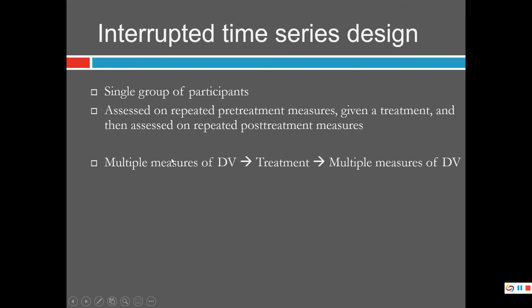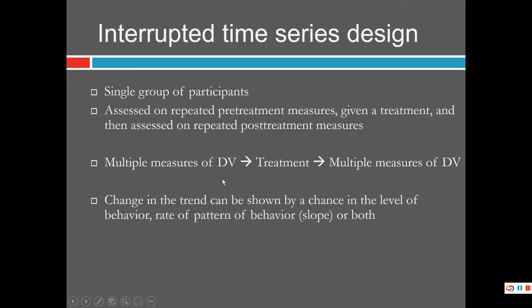So you have multiple measures of your DV over time. Let's say every first of the month for 4 months, they did the shoot, don't shoot task, then they got the treatment, and then every first of the month for another 4 months, they're doing the shoot, don't shoot task, and seeing if those changes last, basically.